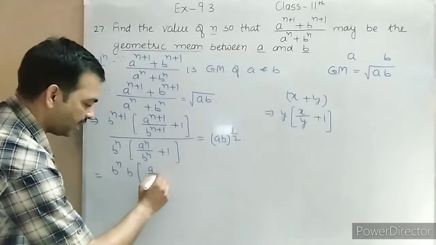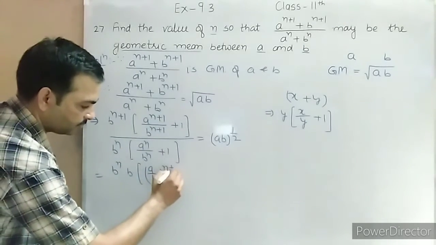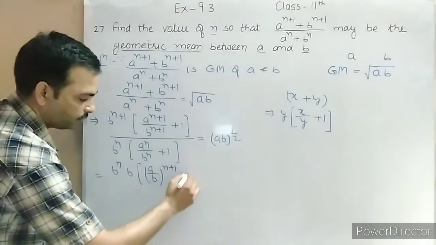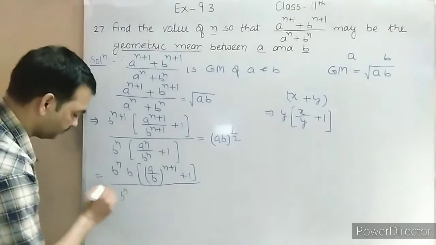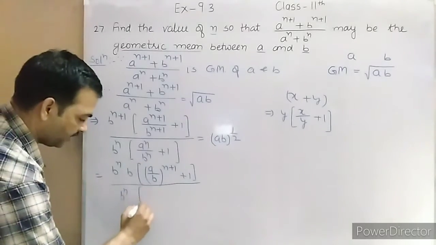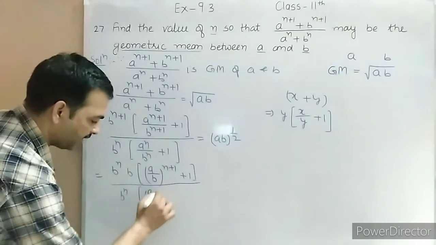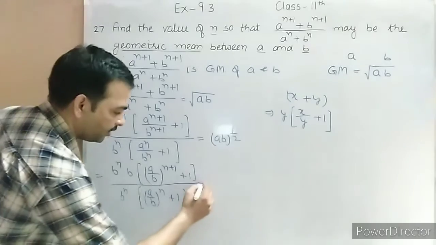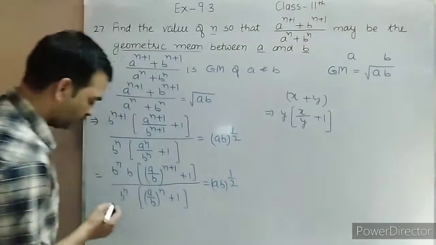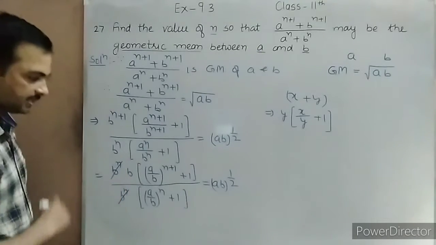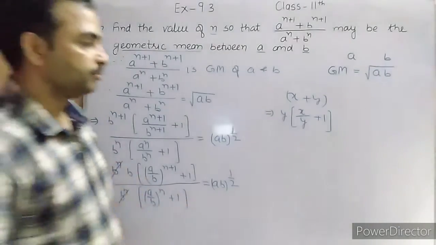Here (a/b)^(n+1) plus 1, divided by b^n, within the bracket (a/b)^n plus 1, is equal to (ab)^(1/2). Now b^n cancels out. I can divide by this b into the right hand side.